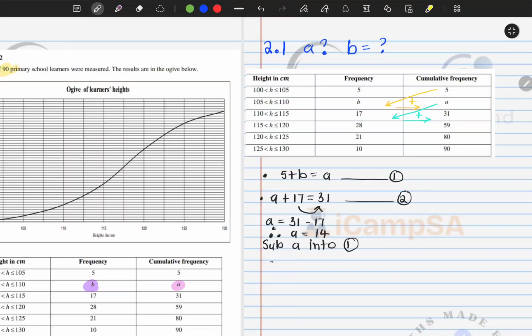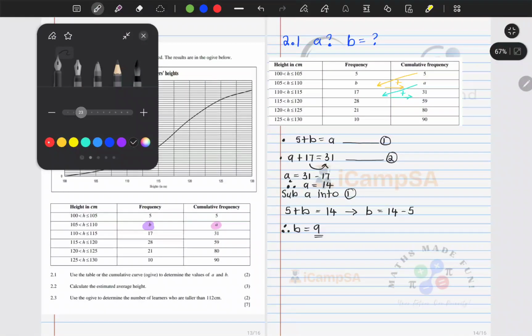So we have 5 plus B equals A, and A is 14, which makes B equal to 14 minus 5. This ends up giving us a B value of 9. So therefore, B equals 9.